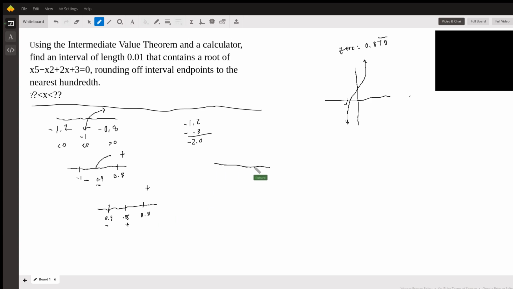And so the next interval of interest would be -0.9 to -0.85, because here it's negative and here it's positive. So now we take the midpoint of this, which is going to be -0.875, right?